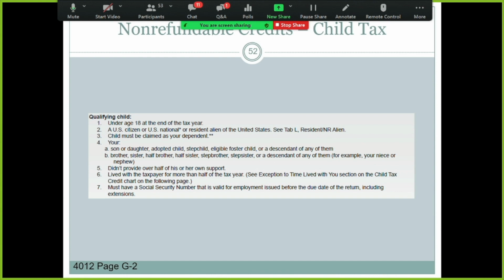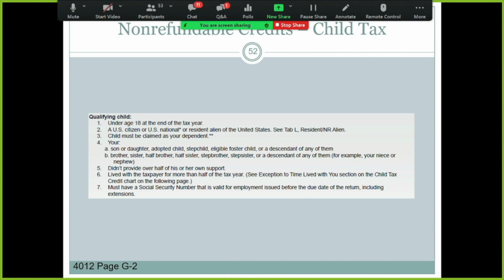Who is a qualifying child? A qualifying child has to be under age 18 at the end of the tax year, a U.S. citizen or U.S. national, or resident alien of the United States. Child must be claimed as your dependent.